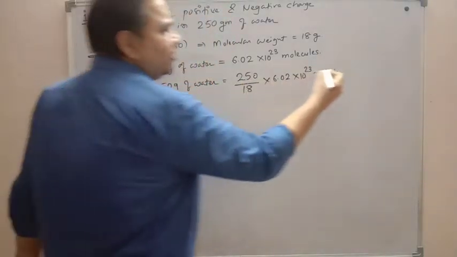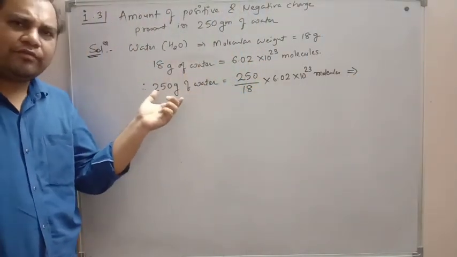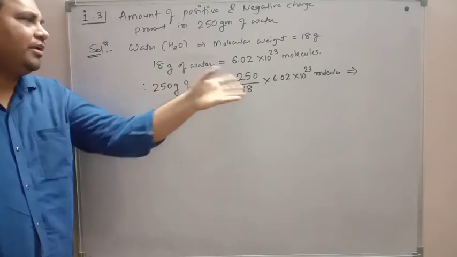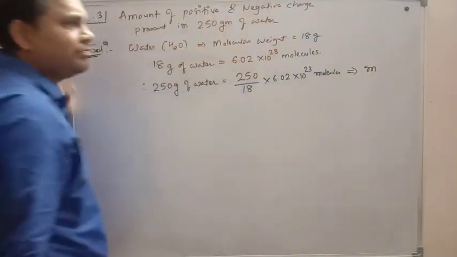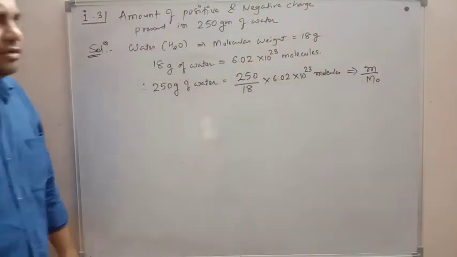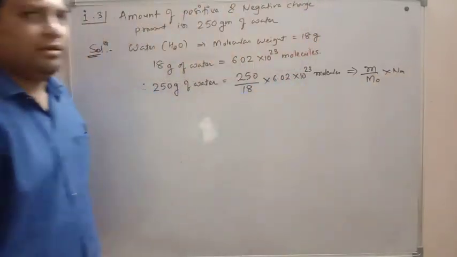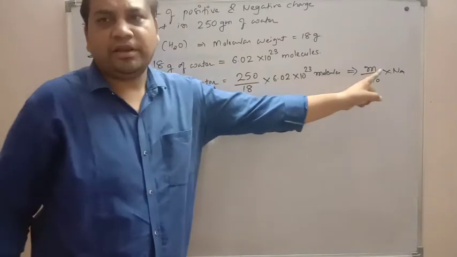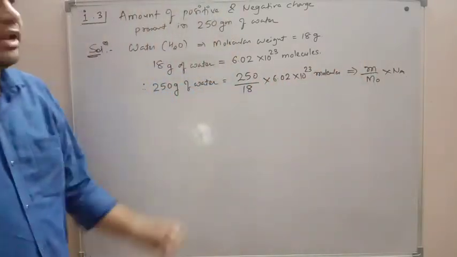So generally, if the mass of some quantity is given and you want to calculate the number of molecules in it, you have this simple formula: mass M divided by molecular mass M naught multiplied by Avogadro number Na gives the number of molecules present within that.